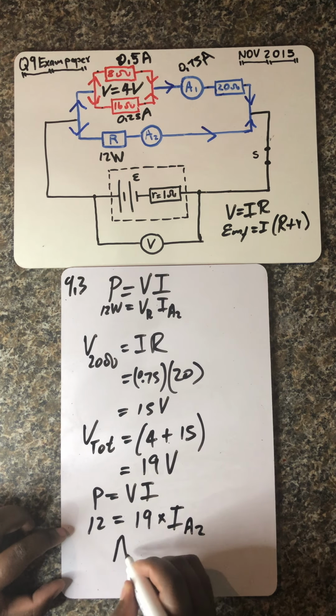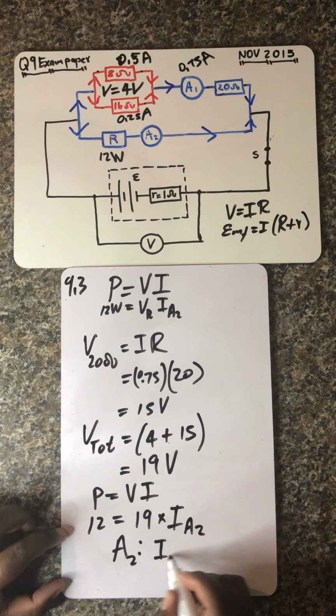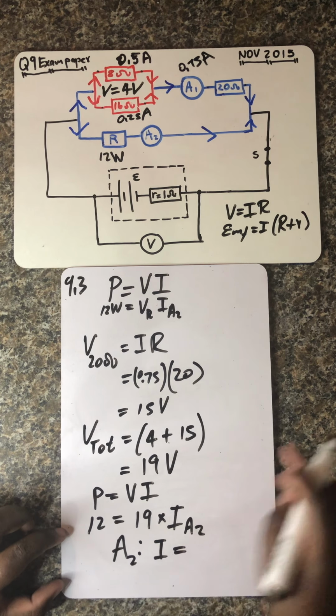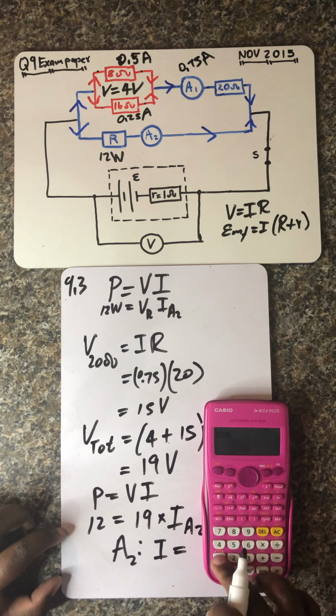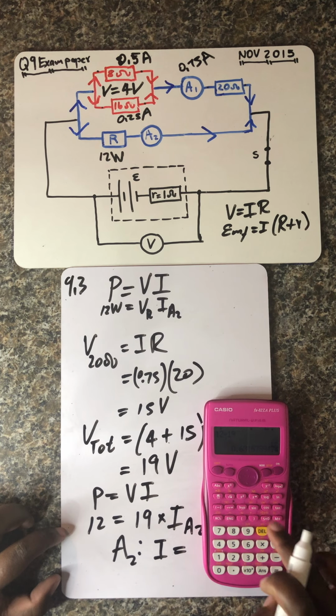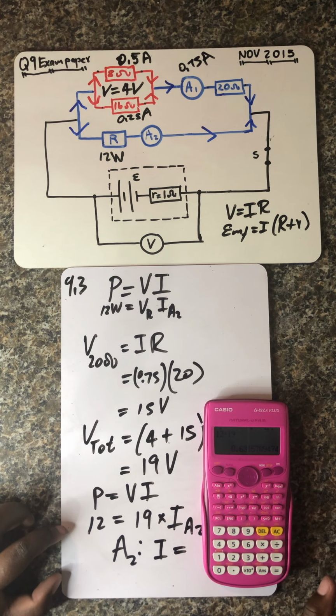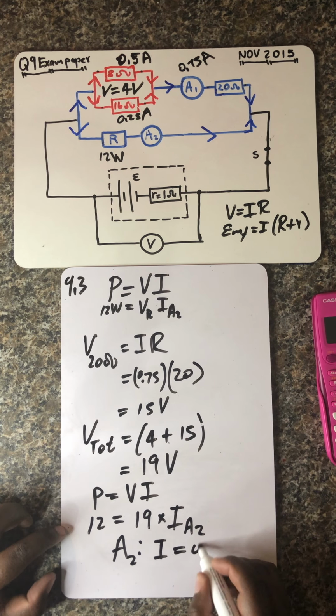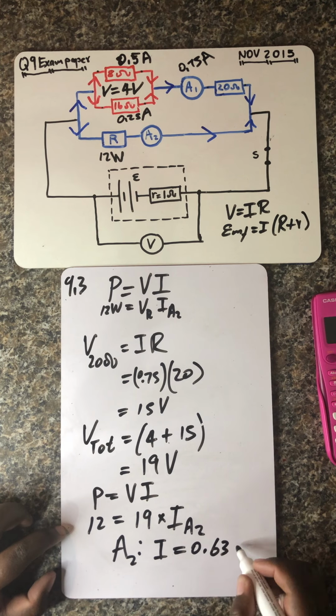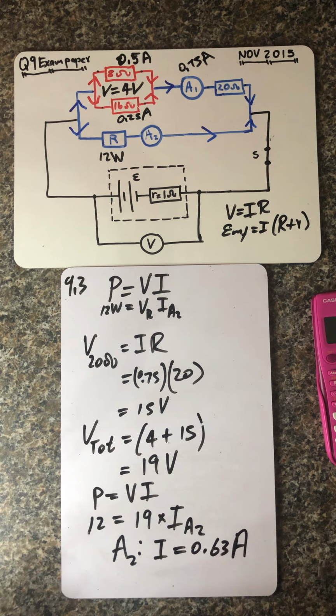So the reading on ammeter 2, which is I, is equal to 12 divided by 19. Let's see, 12 divided by 19 is equal to 0.63. I'm sure you also get the same answer when you punch it on a calculator, 0.63 amperes. So this is the reading on ammeter 2.